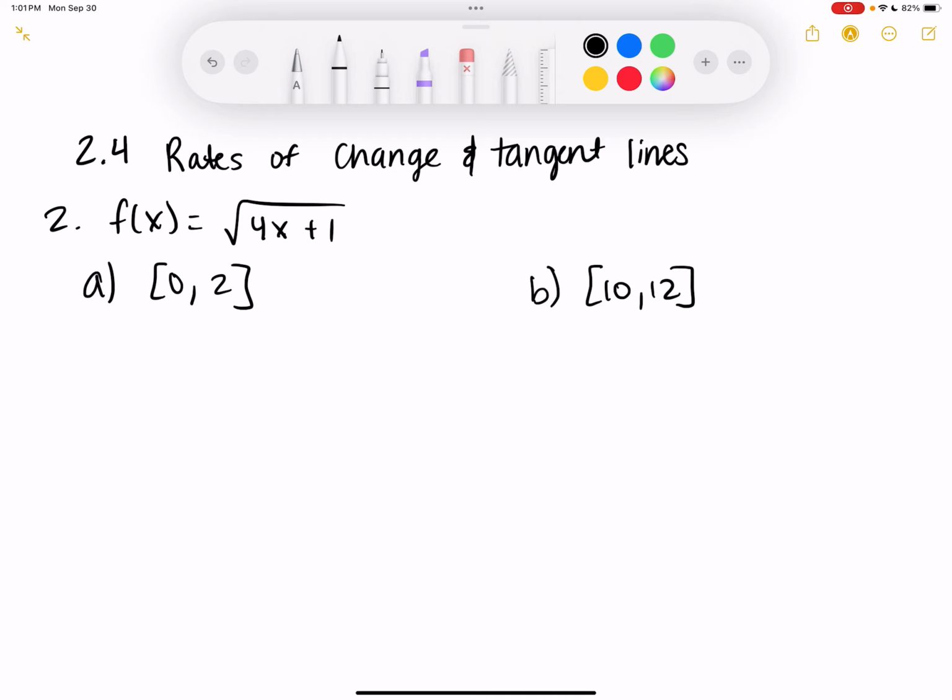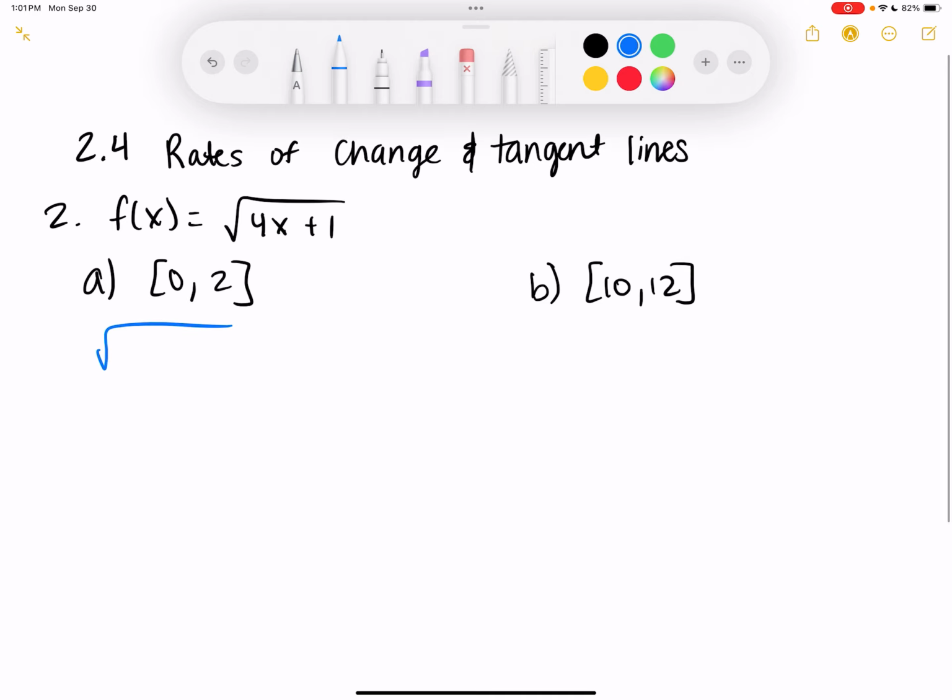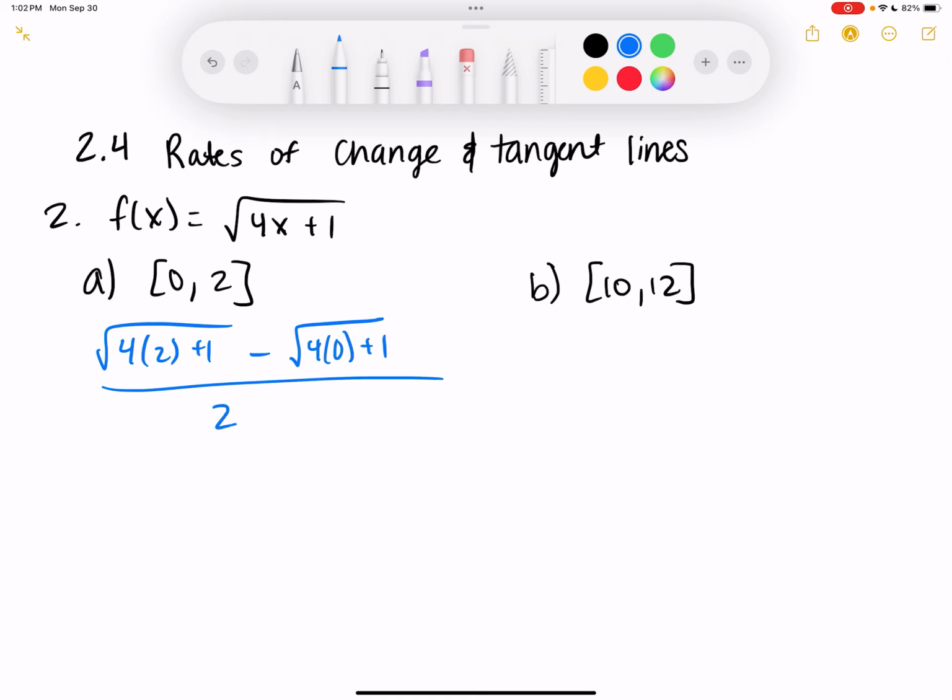Essentially, it's the function evaluated at 2 minus the function evaluated at 0, divided by 2 minus 0. So the square root of 4 times 2 plus 1 minus the square root of 4 times 0 plus 1, all over 2 minus 0.